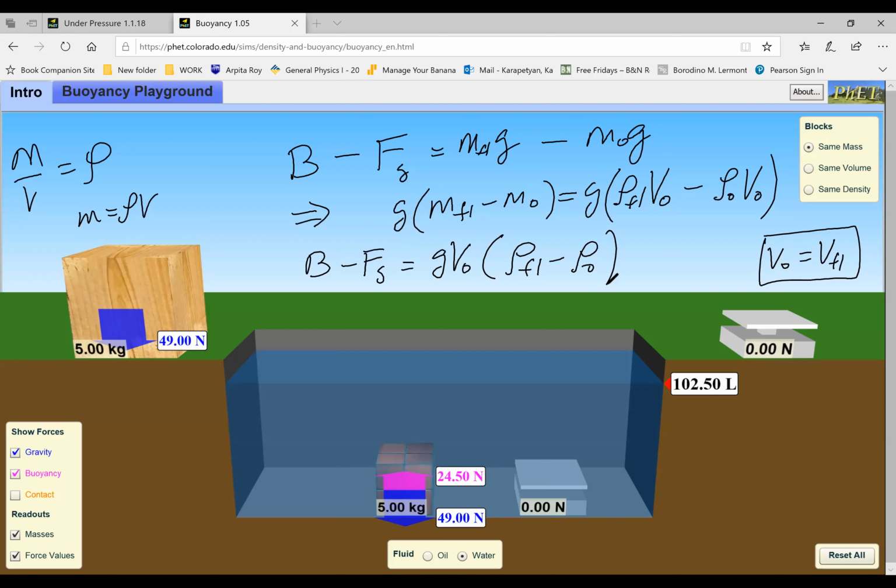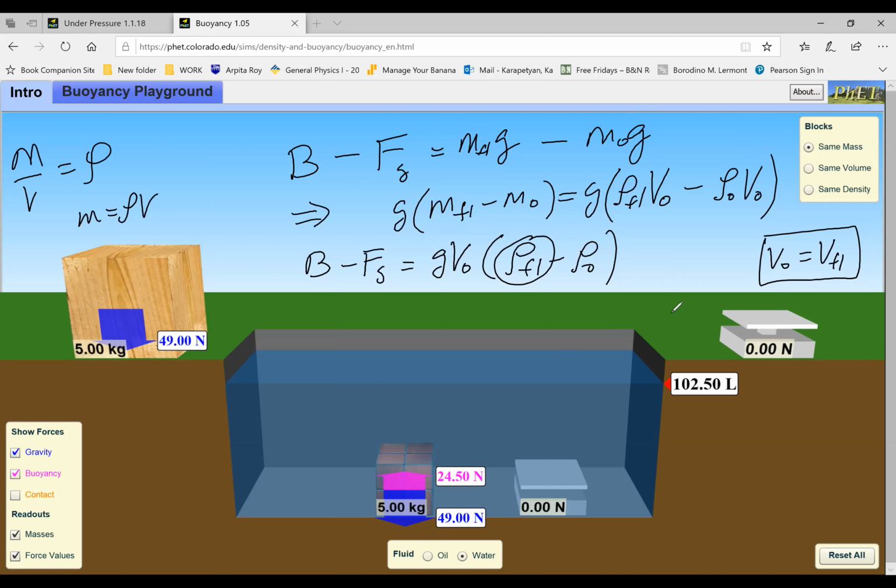If the fluid has higher density than the object, then it will have a greater buoyant force, it will be pushed upward, and it will be floating. But if the object has greater density than the fluid, then it's going to sink.